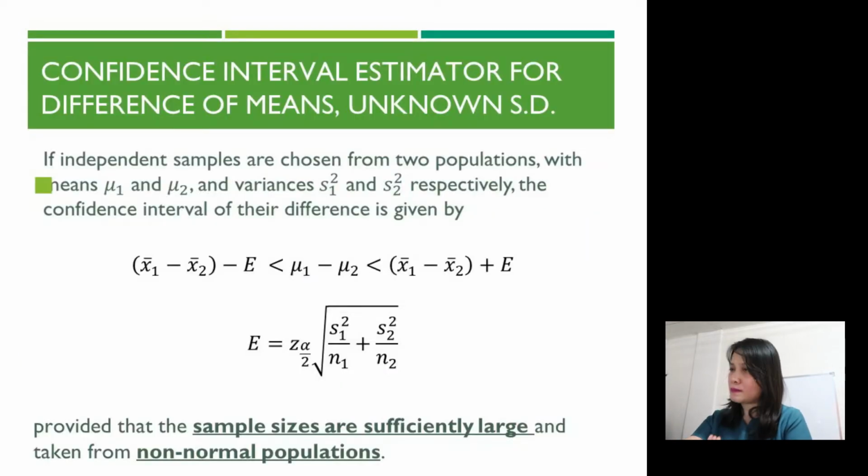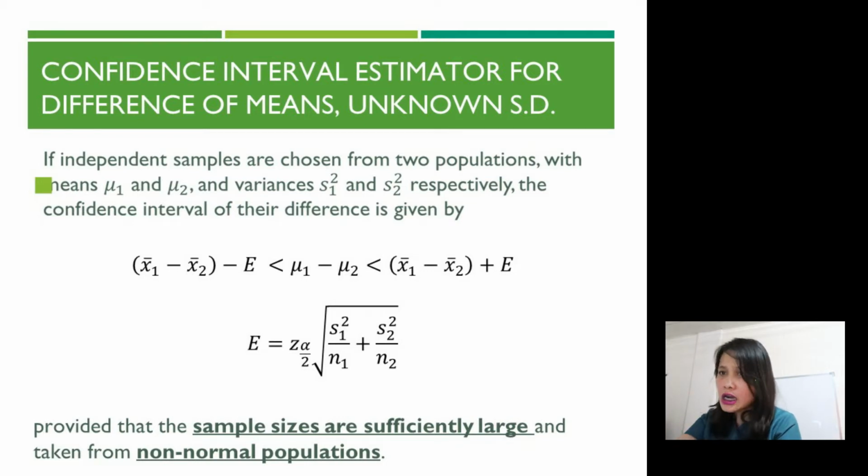If independent samples are chosen from two populations with the means mu sub 1 and mu sub 2, and the variances of the given sample 1 and sample 2 respectively, the confidence interval of their difference is given by: mu sub 1 minus mu sub 2 is greater than sample mean sub 1 minus sample mean sub 2 minus the margin of error, but less than sample mean sub 1 minus sample mean sub 2 plus the margin of error.